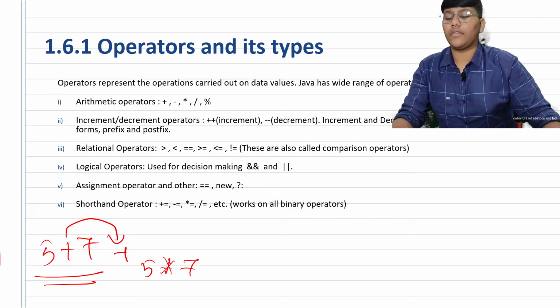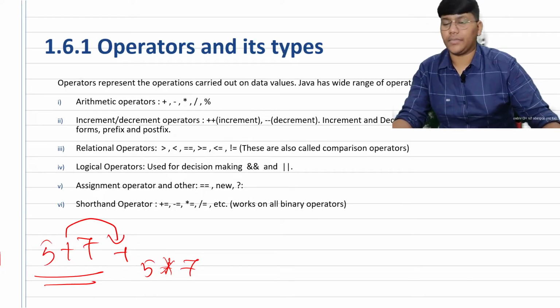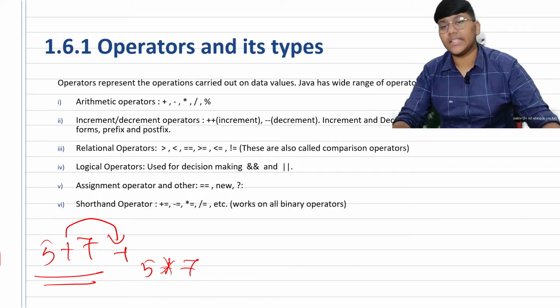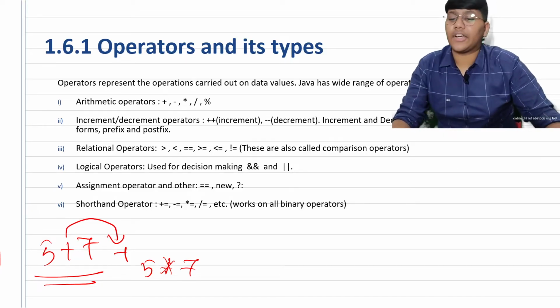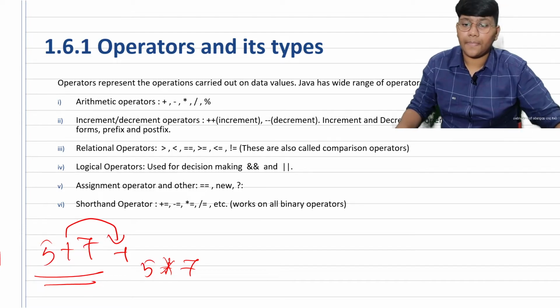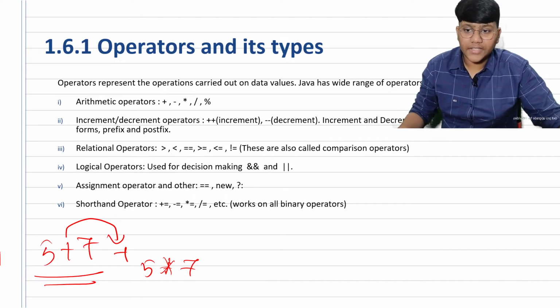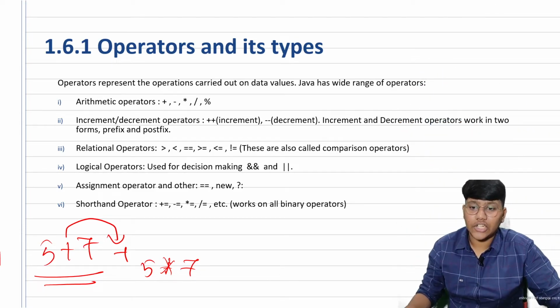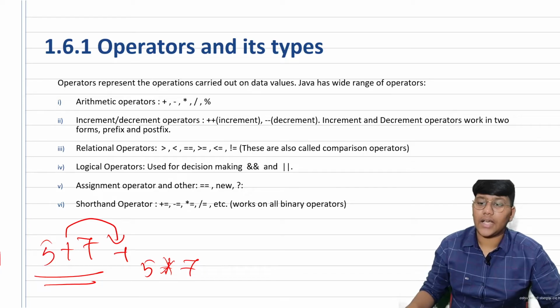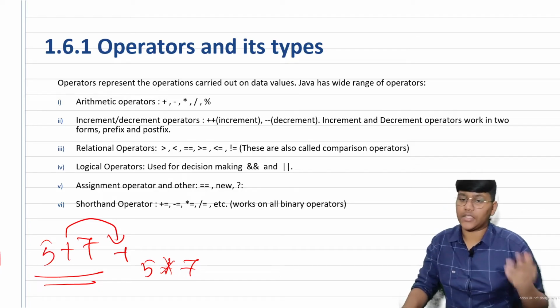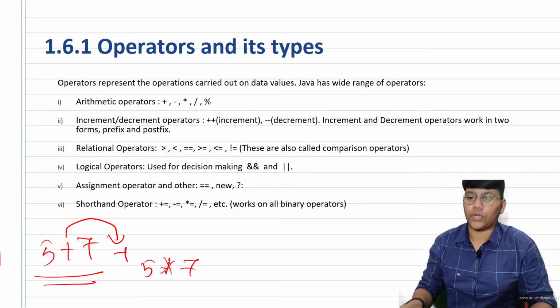So how will we know it? By the operator, because the operator represents the operation. There are different types of operators in Java: arithmetic operators, increment decrement operators, relational operators, logical operators, assignment operators and shorthand operators. You can read what they do from here.